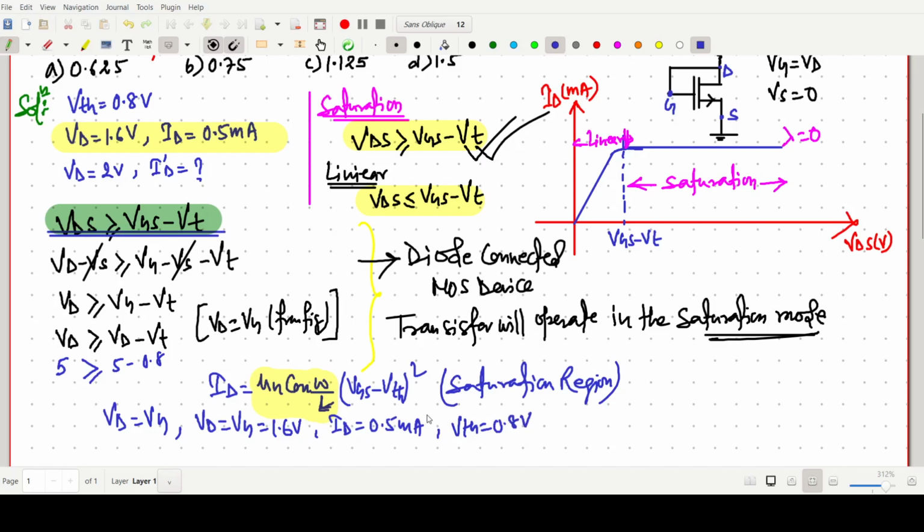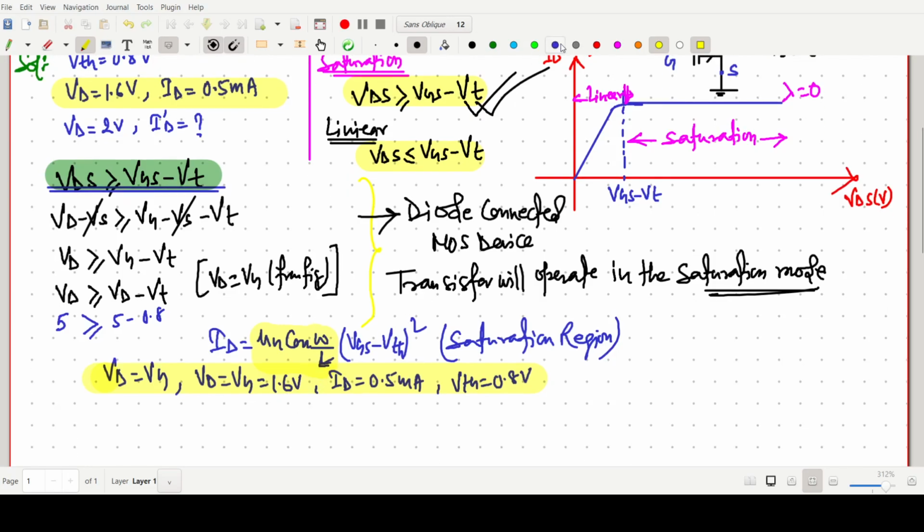From these known parameters, we can find the value of mu n Cox W by L as the unknown.